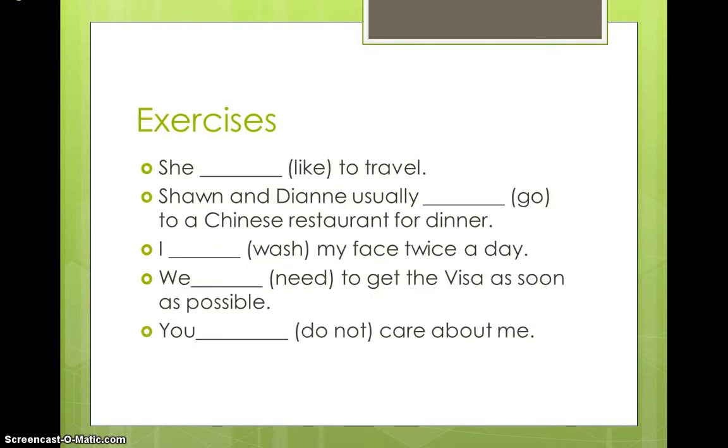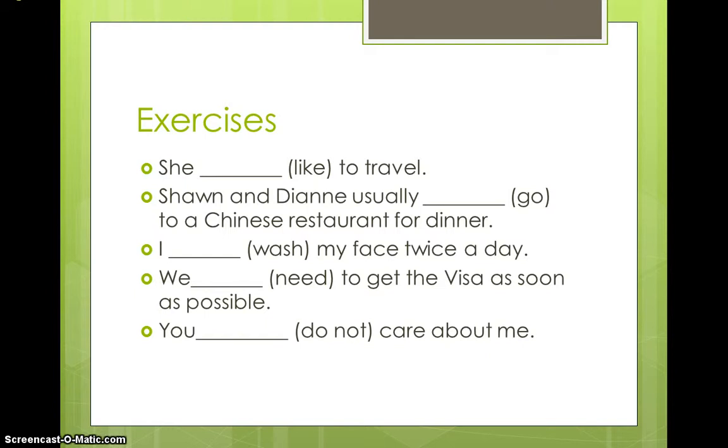Alright, now let's do some exercises, shall we? So if you have the word like, it's an action verb, and you have the subject as she. So what are you going to put? Is it like or likes?